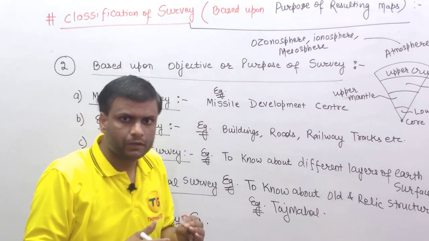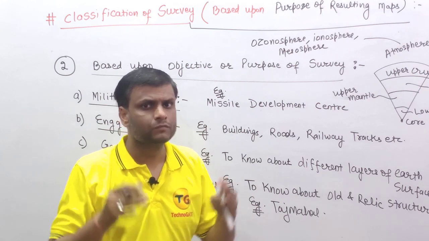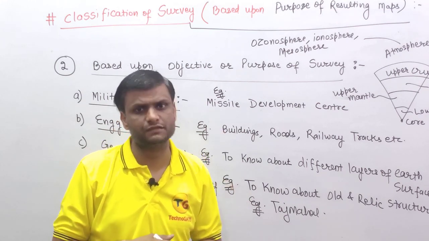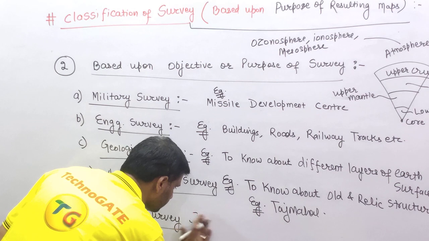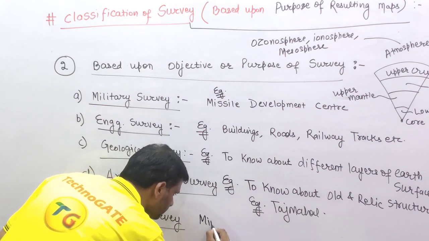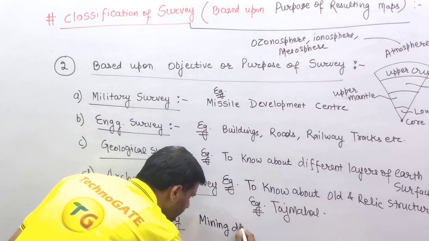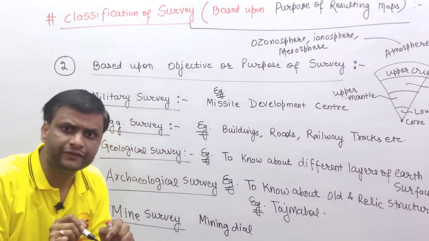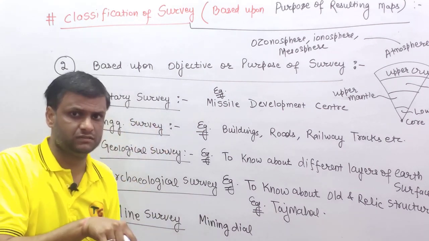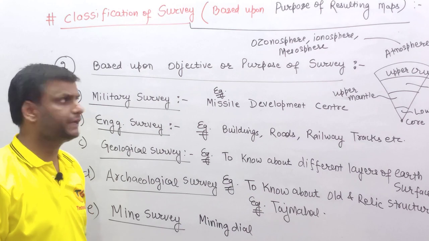My dear students, the instrument used to perform this type of survey is called the mining dial. A theodolite fitted with a compass is used for different mining operations.